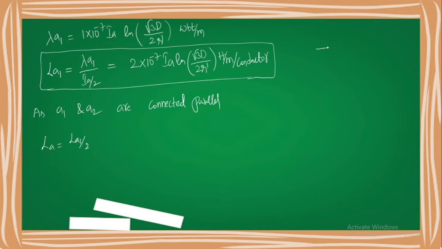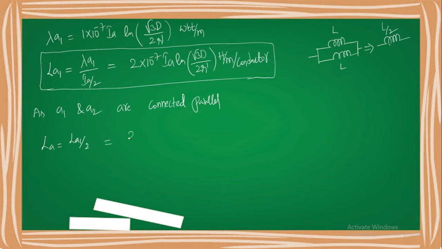When you have two inductors connected in parallel, L and L for example, the equivalent inductance for this parallel combination is L by 2, which means half of any one inductance. Here also LA is nothing but the equivalent inductance, or the inductance of A phase. It is half of the inductance per conductor.